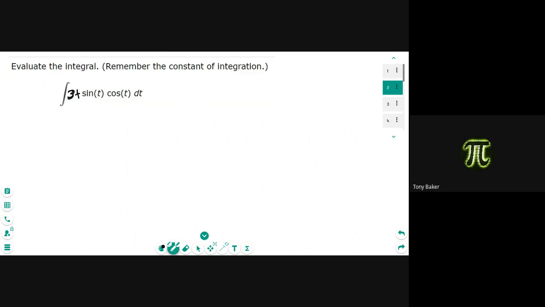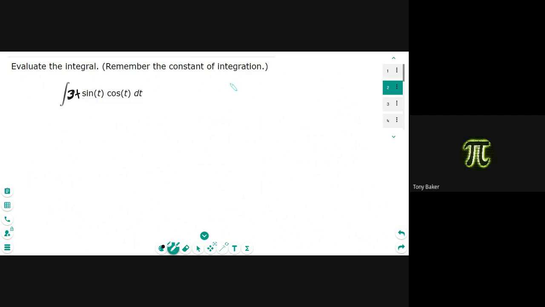Can you do u substitution with 3 things? No, you can't do it this way because of the extra t. If the t wasn't there, you could. But since that t is there, that eliminates the possibility of doing u substitution.